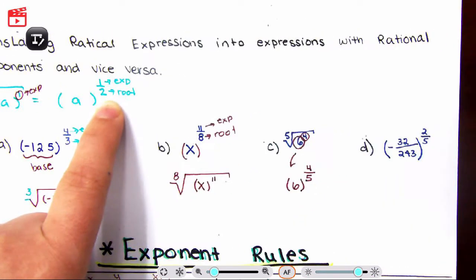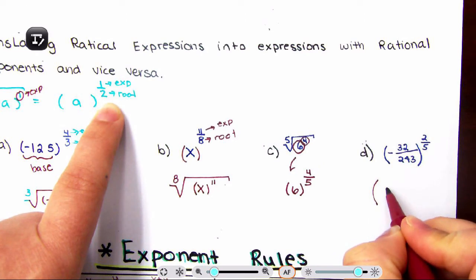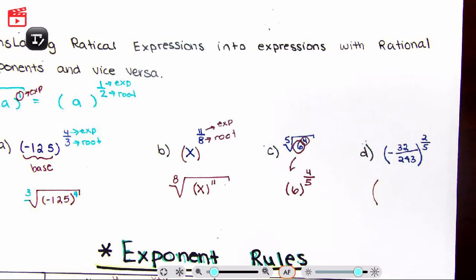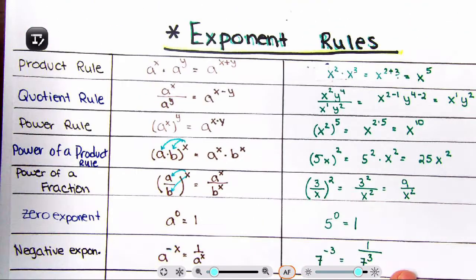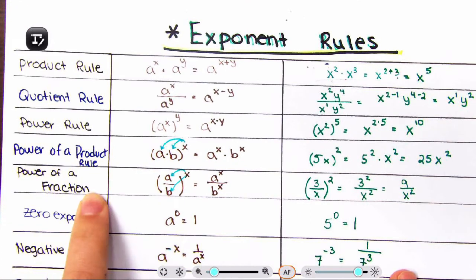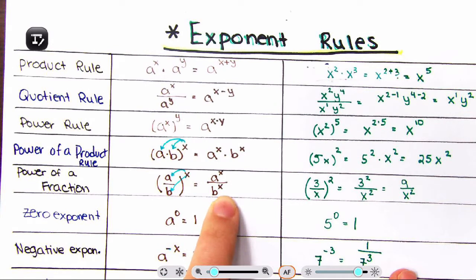All right, let's do that again. Here is negative 32 over 243. Oh, okay. This is where you're going to need to use your exponent rules. I have a fraction being raised to an exponent. Here it is, power of a fraction. If you have a fraction being raised to an exponent, that exponent goes on both terms.